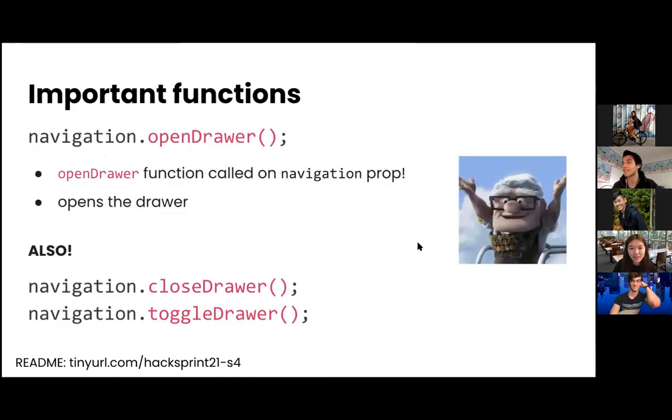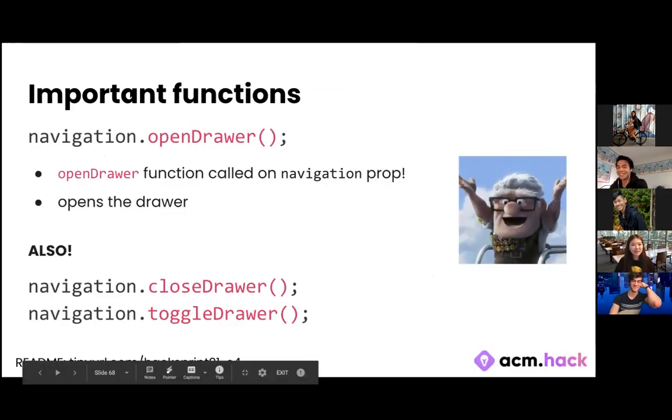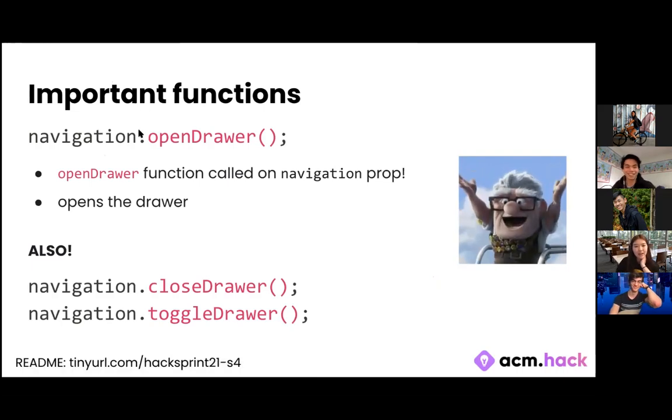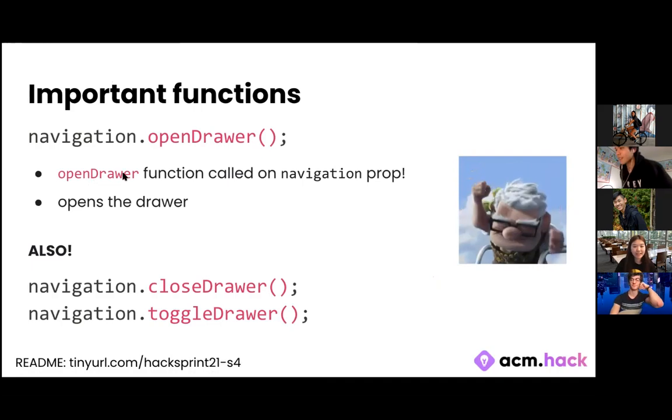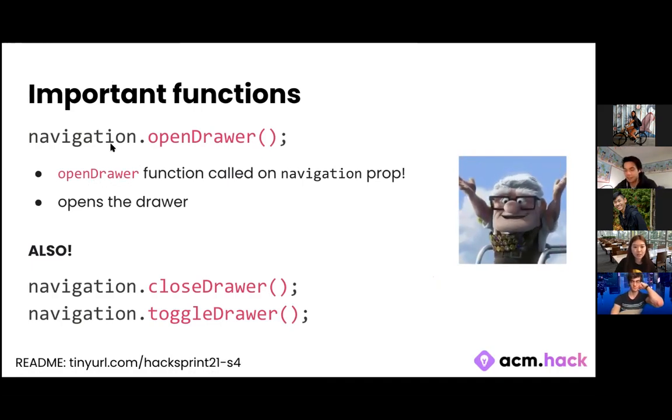All right, some important functions that I wanted to bring up are navigation.openDrawer. Again, you'll notice that this is a function being called on the navigation prop. Before we had navigation.goBack, but now we have .openDrawer. This is very self-explanatory.